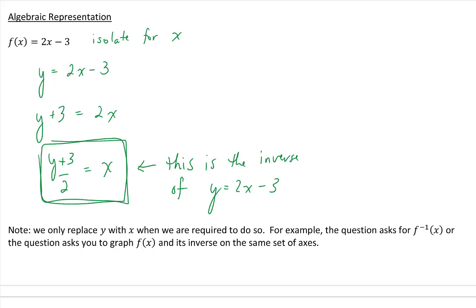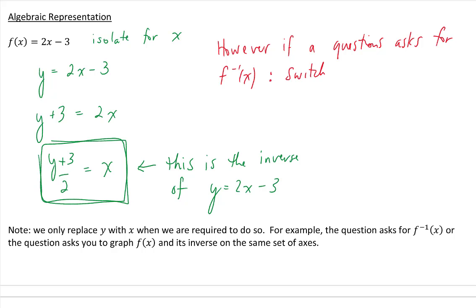However, if the question asks for f minus 1 or f inverse, this is when we switch the x and the y. So we take this equation here, and we're going to switch the x and the y. So we get x plus 3 over 2 is equal to y.